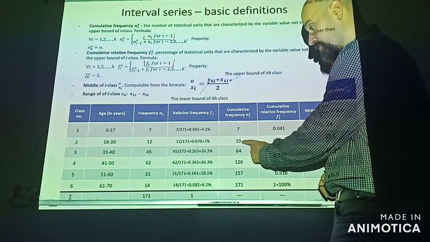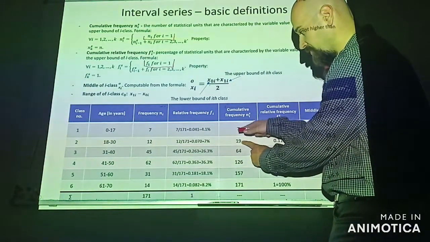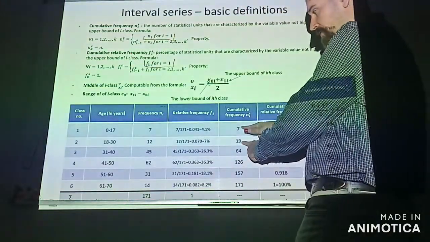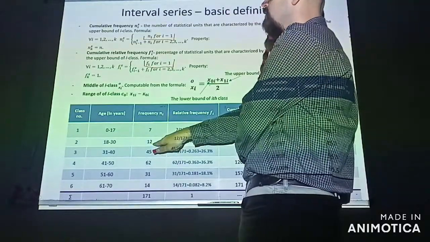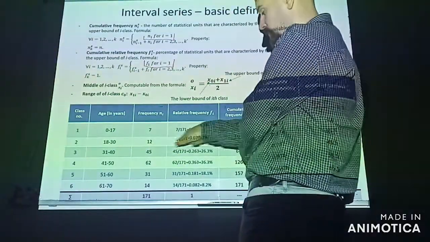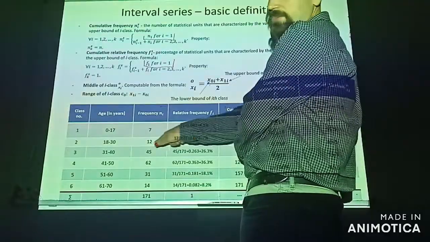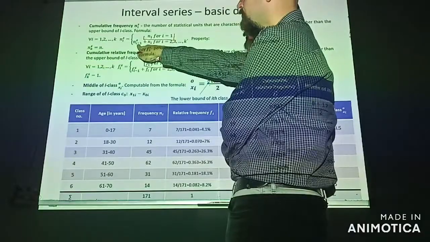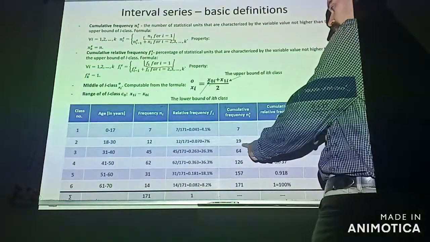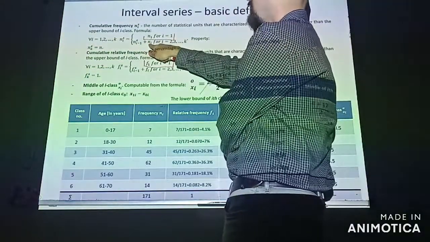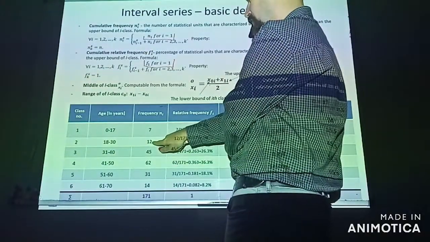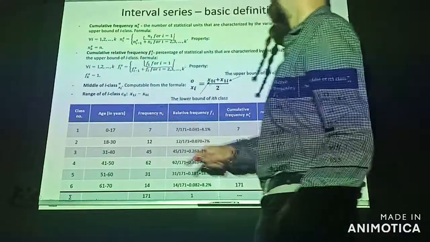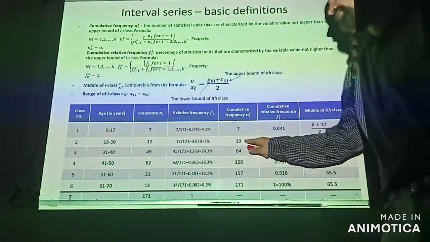Here, for example, 19 is a consequence of adding the previous cumulative frequency plus the actual one, meaning the frequency from the same class. The previous cumulative frequency 7, plus n2, the frequency from exactly the same class, gives us 19, the cumulative frequency of the second class.